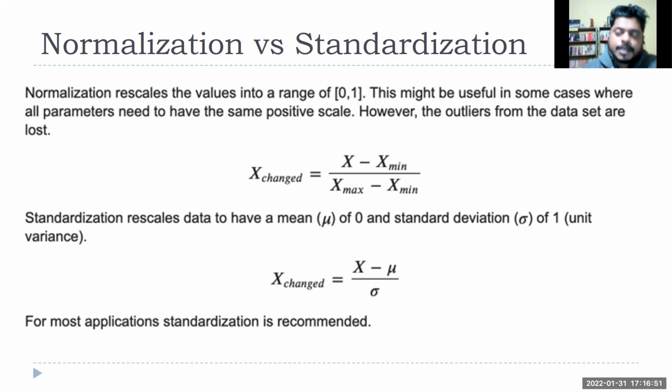Why do you do that? Like I said, sometimes somebody has a huge income. If I take the income data, it is in lakhs, while other data, like your age, will be two-digit numbers. Your percentage data also will be two-digit numbers. Your CGPA data will be a maximum of 10, otherwise single-digit numbers, right? So automatically, because these are bigger numbers, they will try to influence the prediction, right?